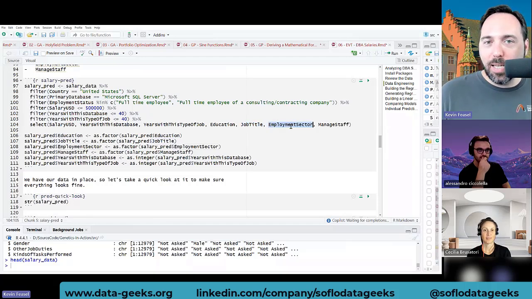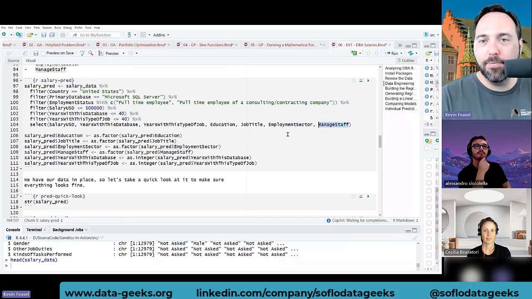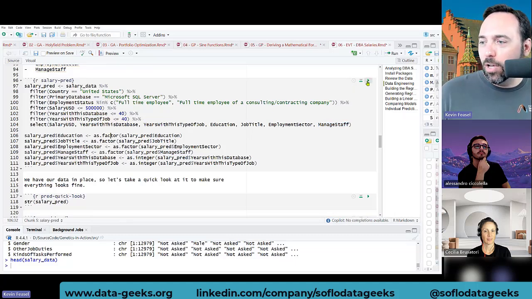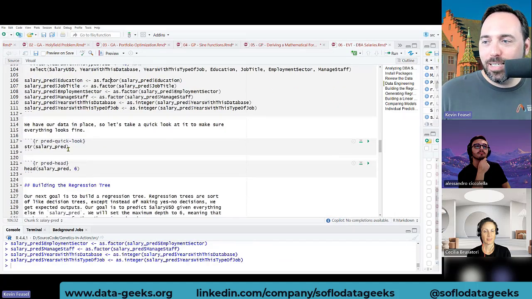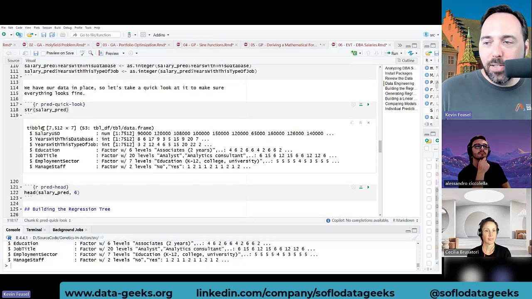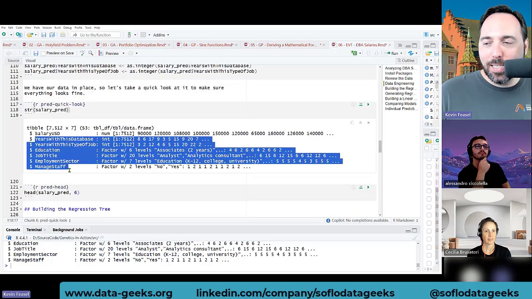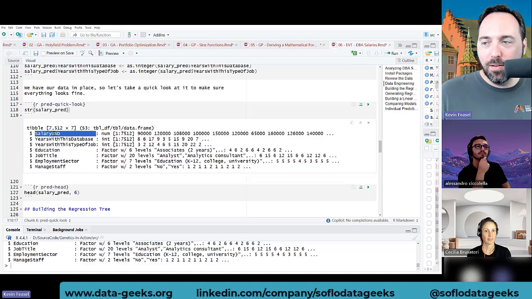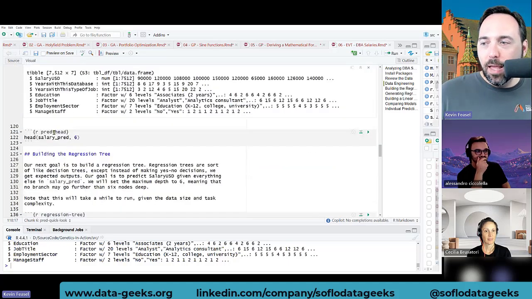Your employment sector: federal government, state government, or private sector. And do you manage staff? I would expect those to be factors in what your salary would look like. So that's my set of data and variables, and I'm left with 6 relevant inputs leading to an output.